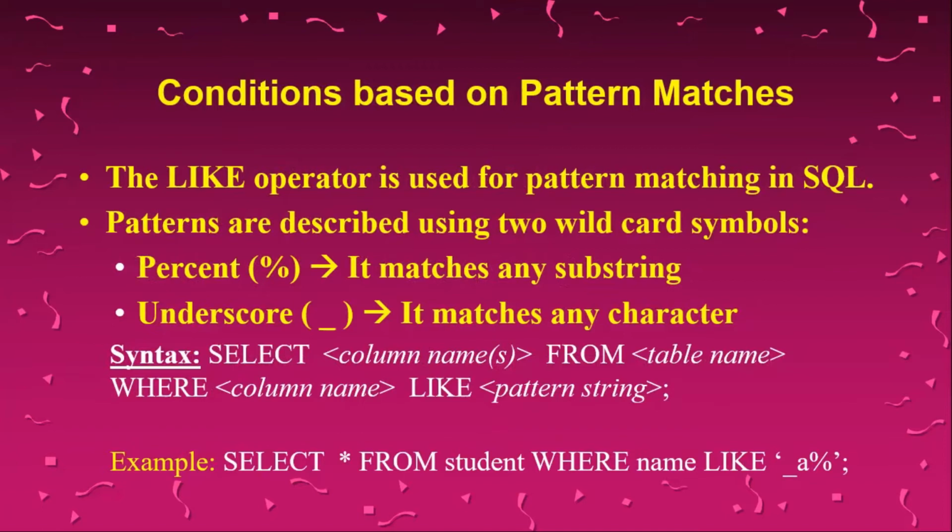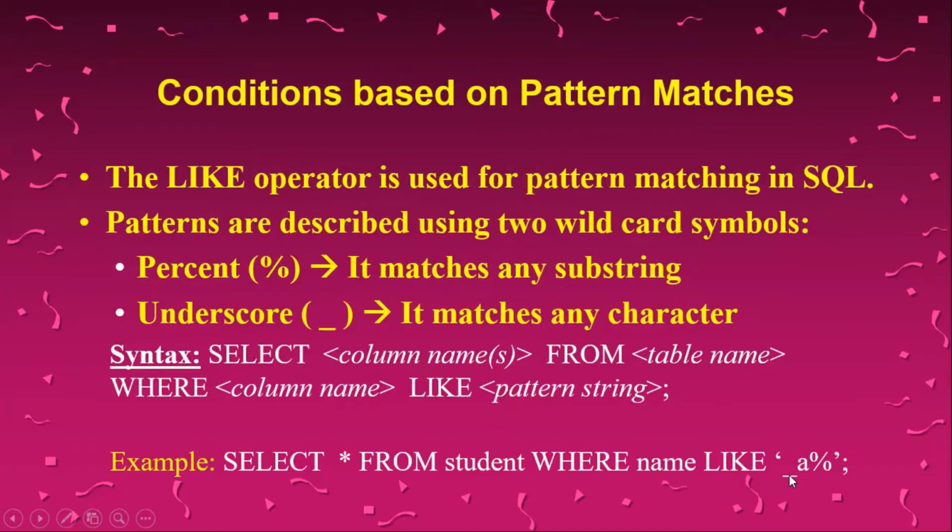What is the syntax? Select the column names from table where column name like pattern string. Okay, select star from student. Suppose I just want to display the details of the student whose name contains the second letter as A. So how will I do it? Underscore. Underscore means the first character can be any character, but the second character should be A. Why do I use underscore instead of percentage?